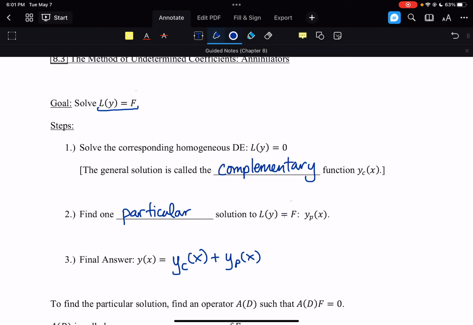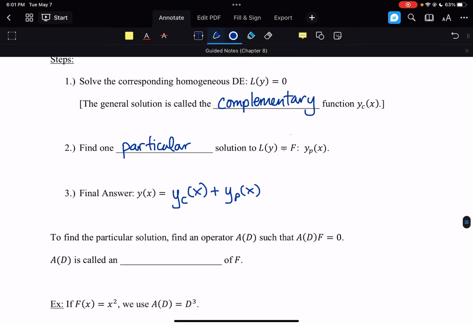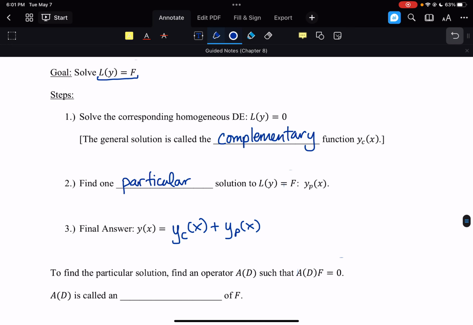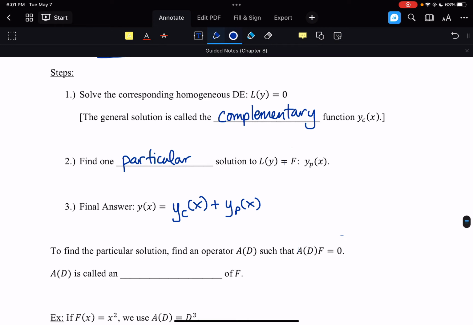Now, in order to find that particular solution, we need to find an operator that, when we apply it to the function, turns the function into a 0. So really, our way of solving a differential equation that's not equal to 0 is to take the part that is equal to 0, and then to solve the part that's not 0, we make it 0. So we're kind of revolving around zeros a lot.